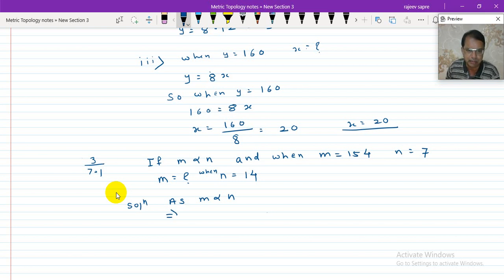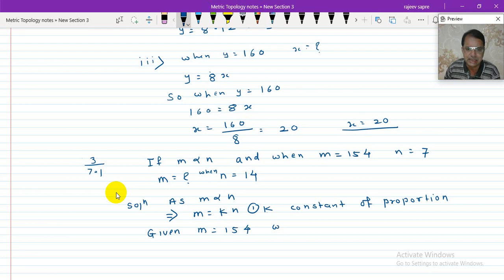But what does it mean? It implies m is equal to kn, where k is the constant of proportion. Okay, so m is equal to kn you have got. Then what have they said? When m is 154, n is 7. So you put those values here. So this is our first equation. Suppose now given, m is equal to 154 when n is 7.